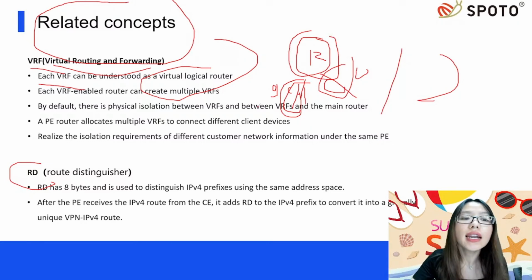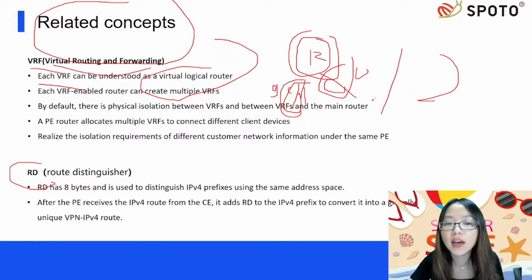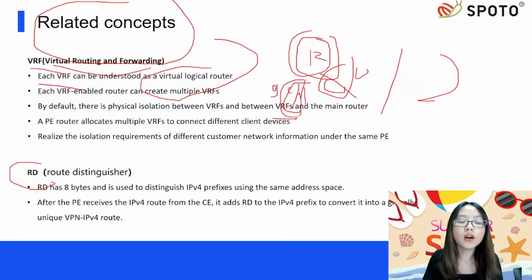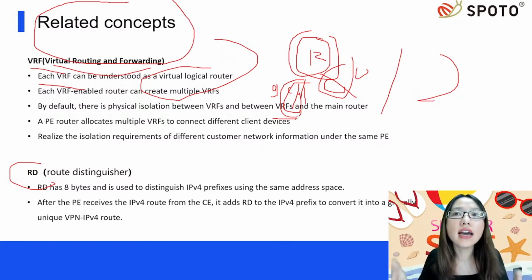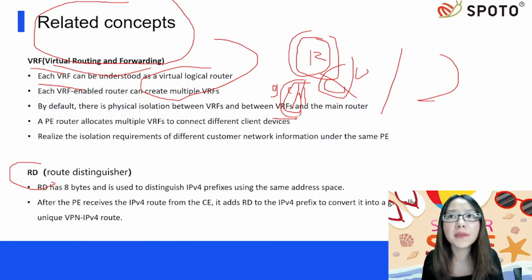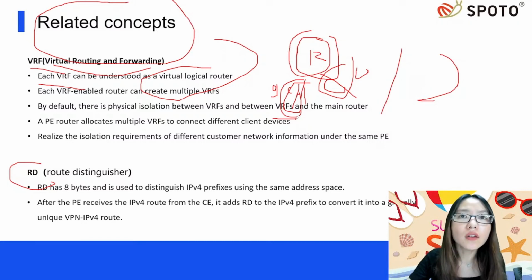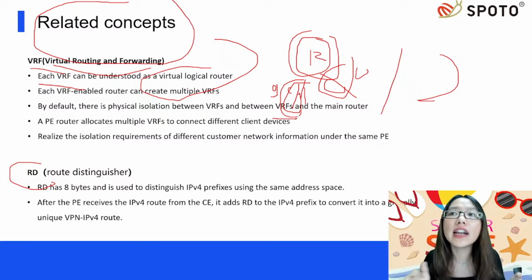By default there is isolation between VRFs and between VRFs and the main router. VRF is a private network, and the address spaces of different VPNs may overlap. So we can use VRF to solve the overlapping.